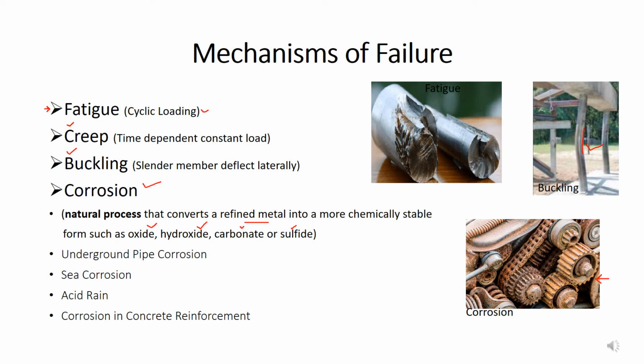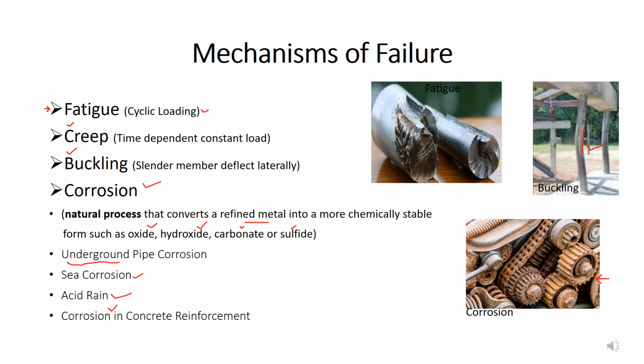In infrastructures, corrosion can happen in underground pipes. It can also happen as sea corrosion, if you have infrastructures placed in the sea, like bridges across the sea, or oil platforms which are immersed in the sea. AC drain also produces corrosion, and in concrete reinforcement this corrosion also occurs.